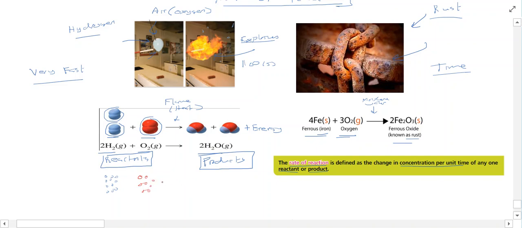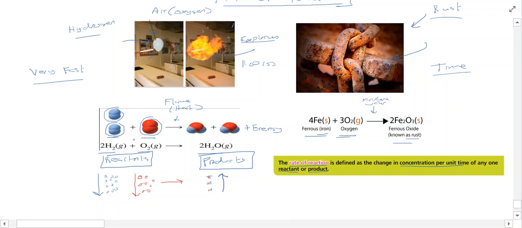Now over the course of the reaction, these are going to combine together and you're going to get water being produced, like so. As the reaction goes on, the number of hydrogen molecules decreases, the number of oxygen molecules decreases, and the number of water molecules being produced increases.